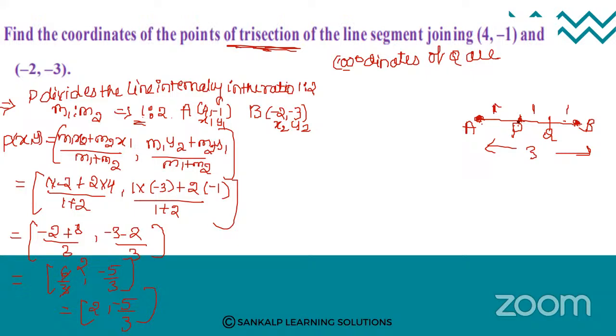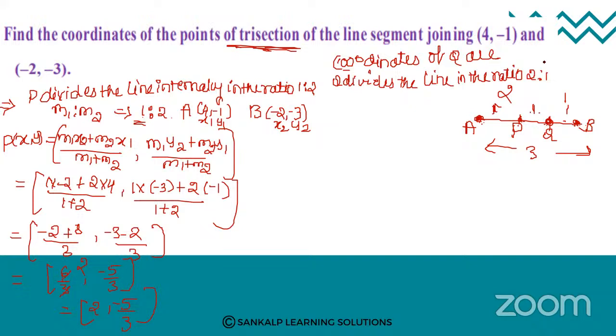If you consider from A to Q, you will get 1 plus 1, that is 2, and here 1. So Q to B is 1, A to Q is 1 plus 1, that is 2. That means Q divides the line in the ratio 2:1. Yes or no, my dear children?